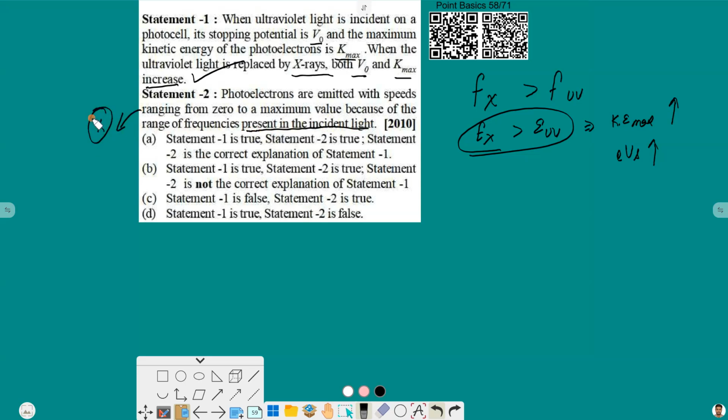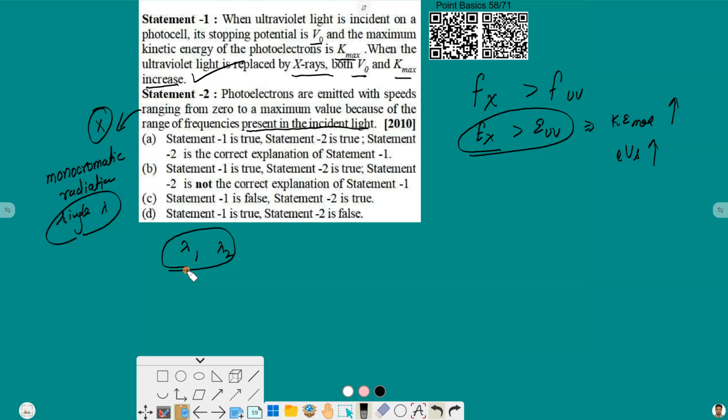Why? When we discuss the photoelectric experiment, we normally take monochromatic radiation, which has only a single lambda, a single wavelength. Even if we are solving some questions, in most cases we take two lambdas, lambda 1 and lambda 2, just for comparison, and they are not simultaneous.